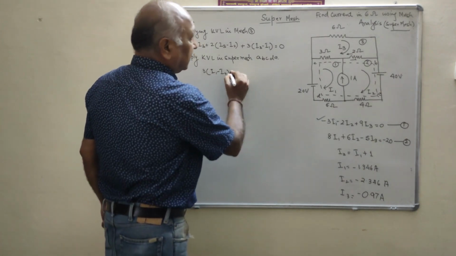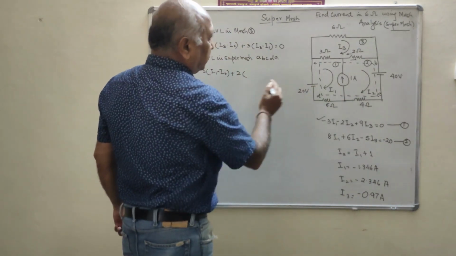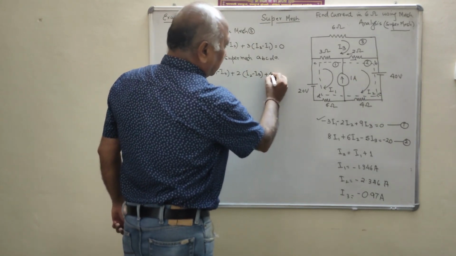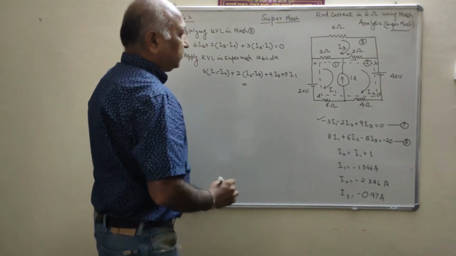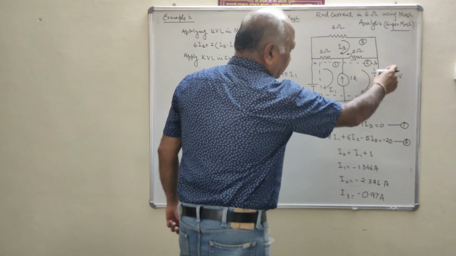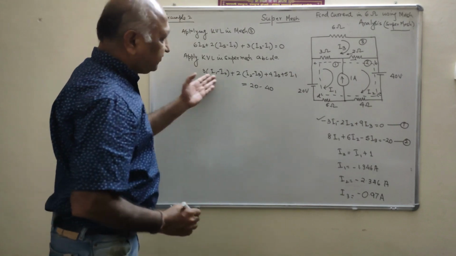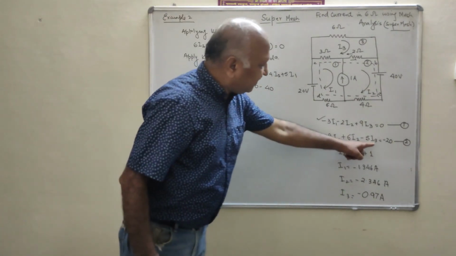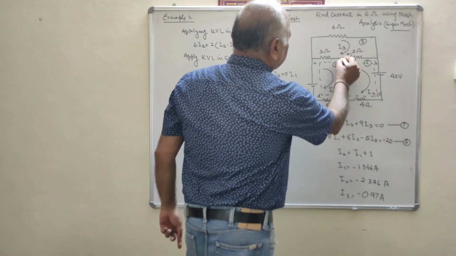Similarly, drop in 2 ohm resistance, the dominating current for mesh 2 is I2, that is 2 into (I2 minus I3), plus 4I2 plus 5I1, that is equal to the negative to positive, that means this is 20. Here the current is going from positive to negative, 20 minus 40. When you solve this equation, you will get 8I1 plus 6I2 minus 5I3 is equal to minus 20.